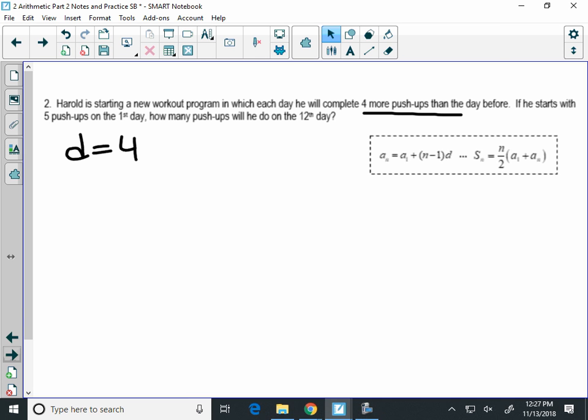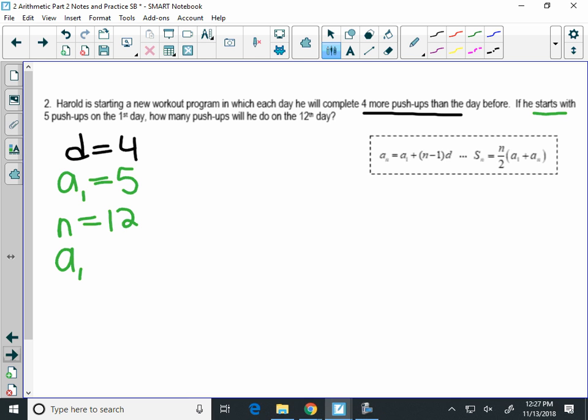So Harold starts with 5 push-ups. So if you start with something, what term is that? A sub 1. He starts with 5 on the first day. We want to know how many push-ups he does on day 12. So what is 12 in this? 12 is your N. Alright, so we are looking for A sub 12. How many push-ups does he do on the 12th day of the pattern?